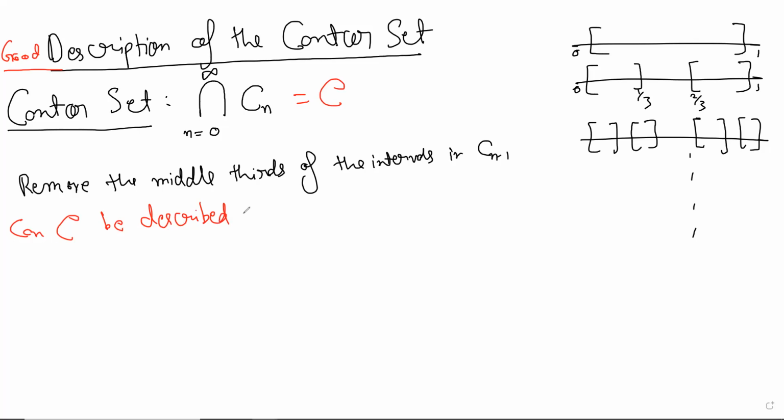Can C be described explicitly in base 3? So first question is, does everybody get the intuition why we are focusing on base 3? I had said this roughly the last time, but if anyone is surprised, then you can say.